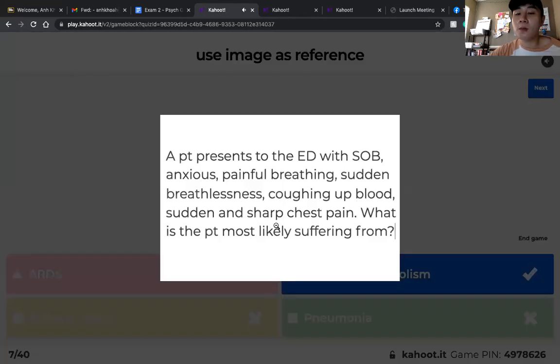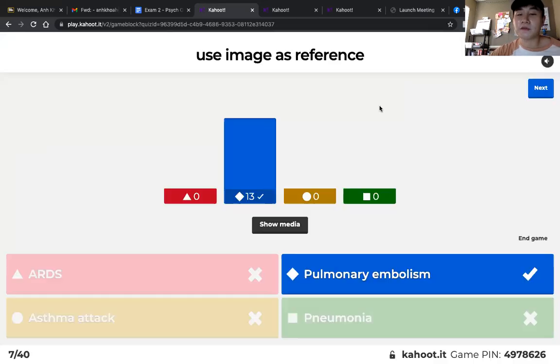Awesome. So the hallmark for pulmonary embolism is sudden, sharp chest pain and shortness of breath. So if there's a question with sudden, sharp chest pain, think pulmonary embolism.